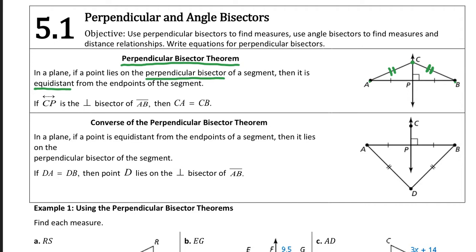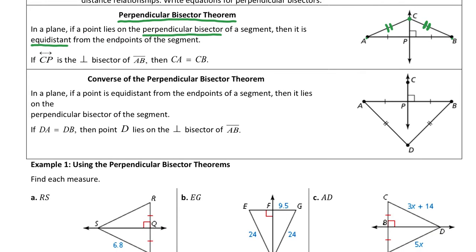Okay? The converse of the perpendicular bisector theorem states that in a plane, if a point is equidistant from the endpoints of a segment, then it lies on the perpendicular bisector of the segment. Meaning, if DA is equal to DB, then point D lies on the perpendicular bisector of AB.